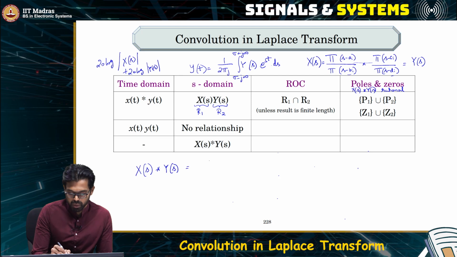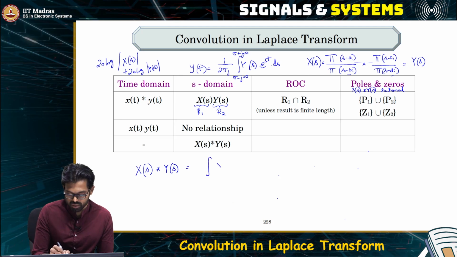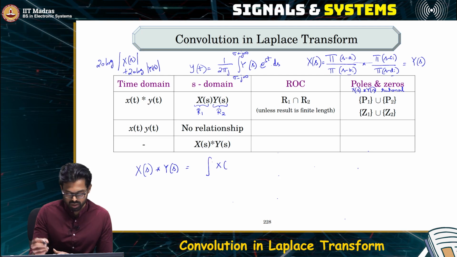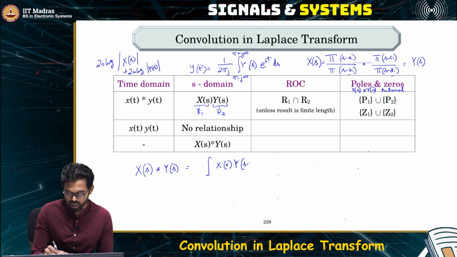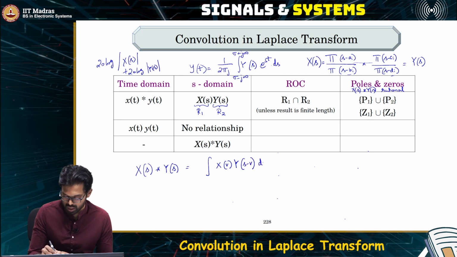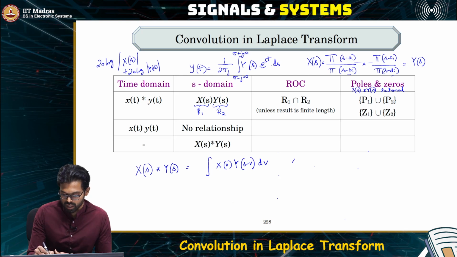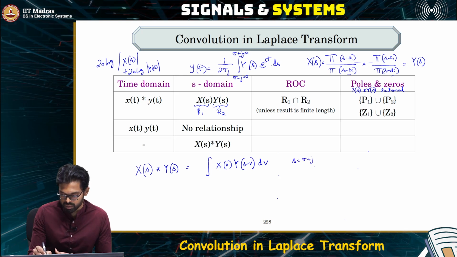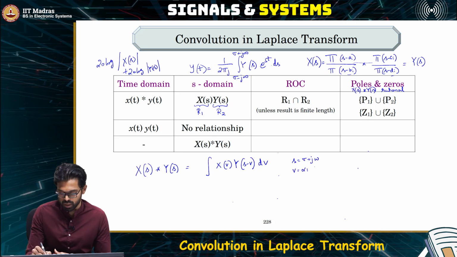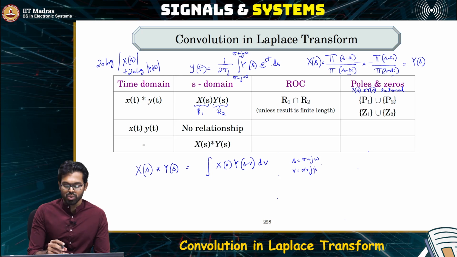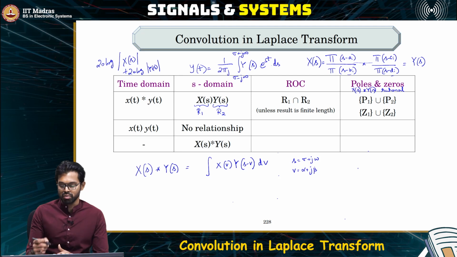Why is that? Because the convolution now is integral of x of some v times y of s minus v times dv. Now if you note this properly, here s is a complex number and so is v. So v is also another complex number. So this integration is not a plain one-dimensional integration that we had seen earlier.